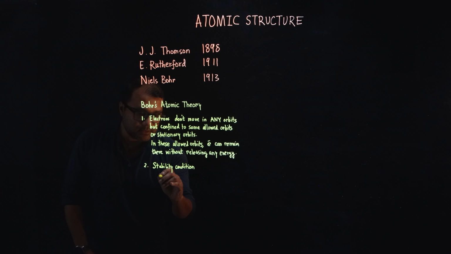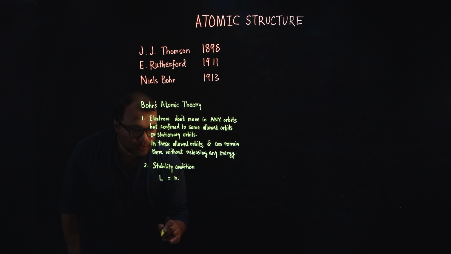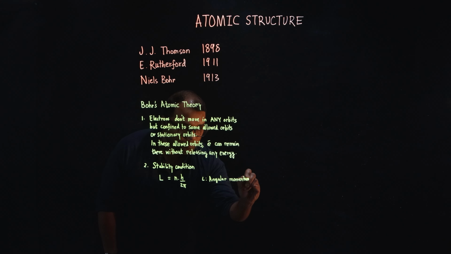Only those orbits are allowed where the angular momentum of the electron in that orbit is an integral multiple of h by 2 pi, where L is the angular momentum of the electron, n is an integer like 1, 2, 3 and such, and h is Planck's constant.